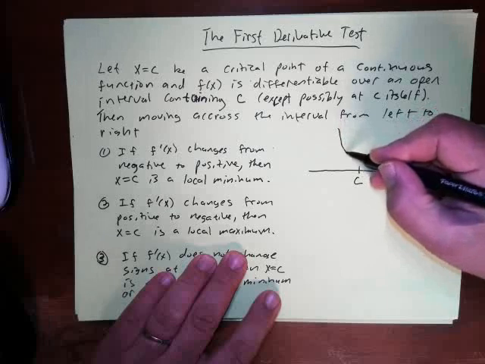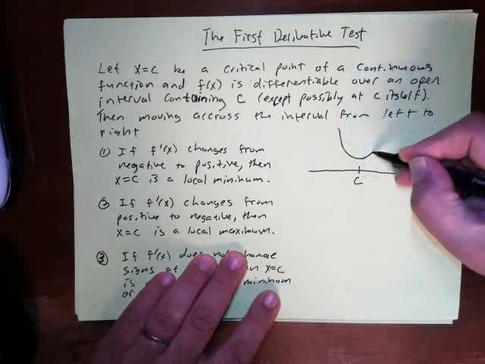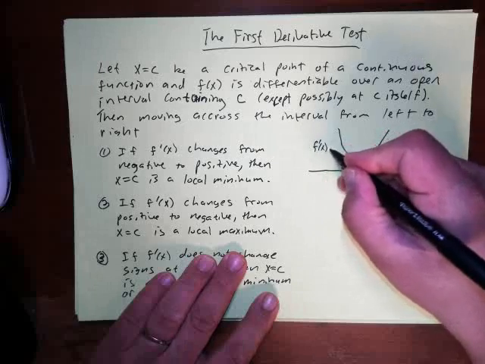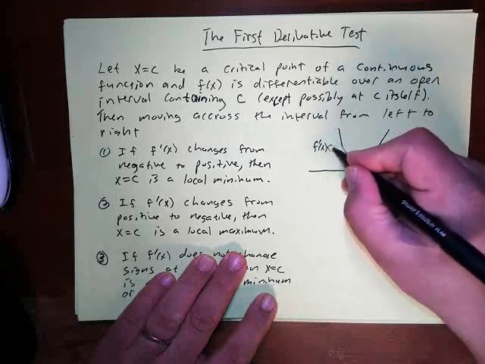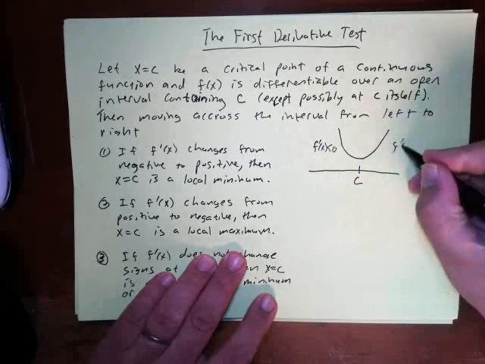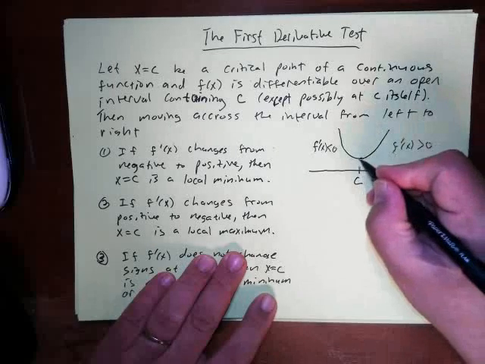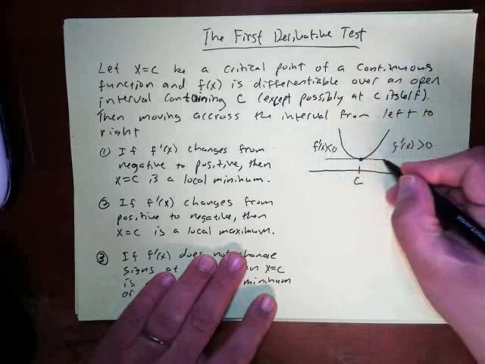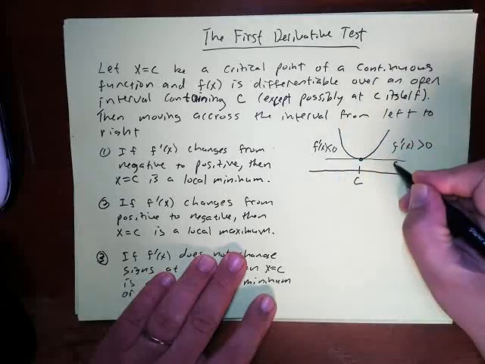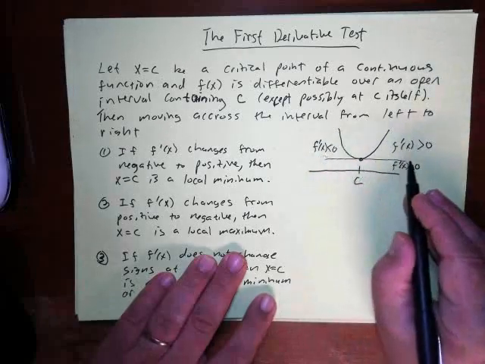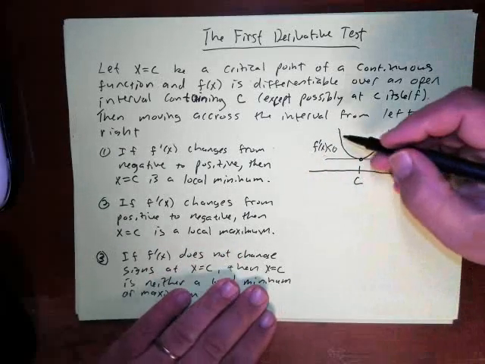So f prime of x is less than 0 to f prime of x is greater than 0, and here f prime of x is equal to 0. This is the critical point where you've got the horizontal tangent line.